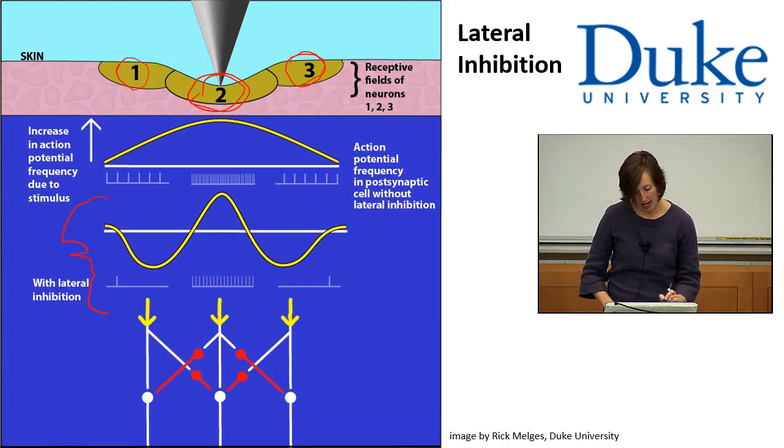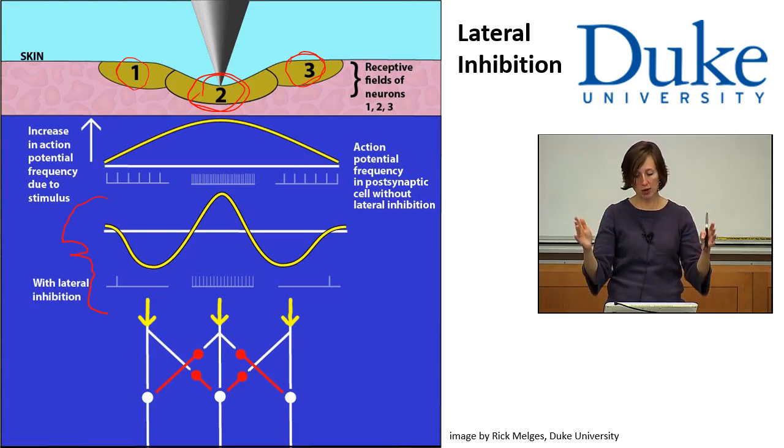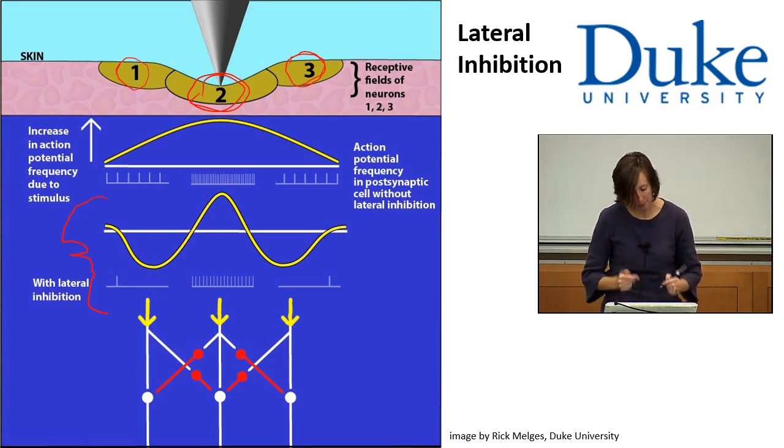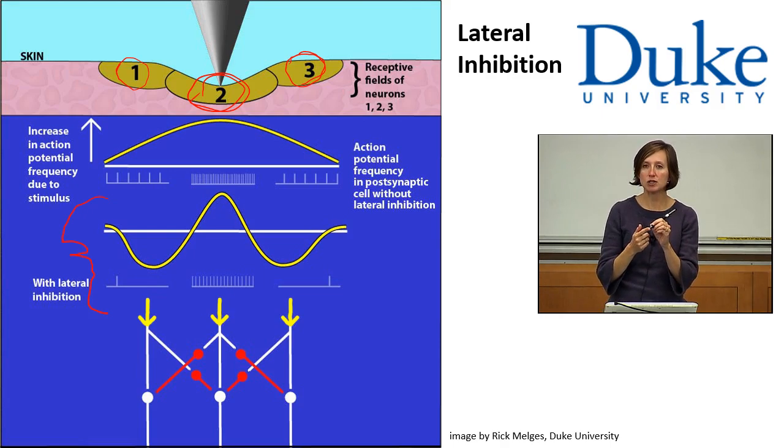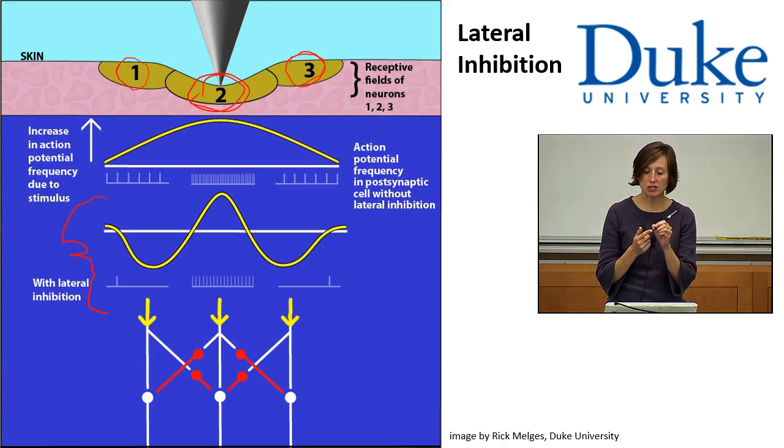And that actually changes the action potential frequency such that 2 is still firing fairly rapidly, but 1 and 3 are firing much less rapidly. And that's what allows us to really feel the point of the pencil and kind of ignore the depressed skin around it. And that's what lets us know that it's something pointy on our finger and not something more dull.